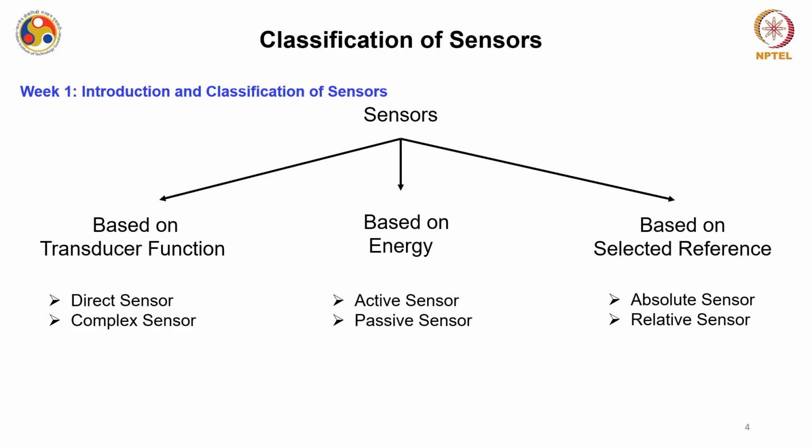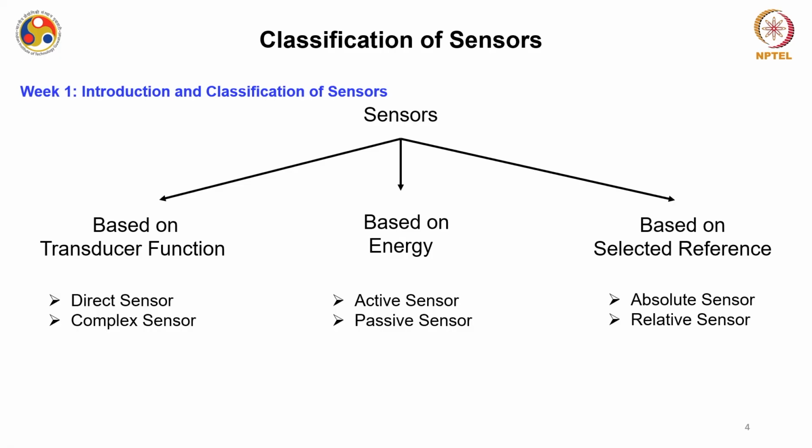Based on the transducer function, we saw 2 kinds of sensors, direct sensors and complex sensors, and we understood them with some examples. Based on energy, we saw 2 categories, passive sensors and active sensors, and during the course most of the time we were identifying whether sensors fall under the class of passive sensor or active sensor.